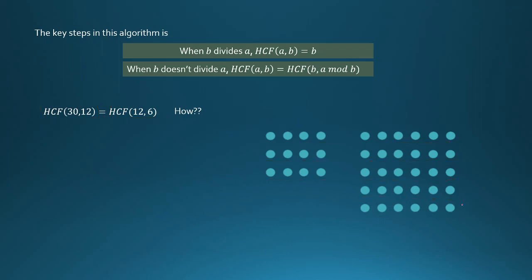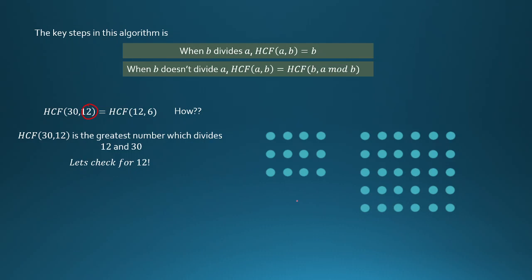So you have to find out the HCF of 12 and 30. First you check, divide 30 by 12. The obvious guess is that the biggest possible number which could divide both could be 12.